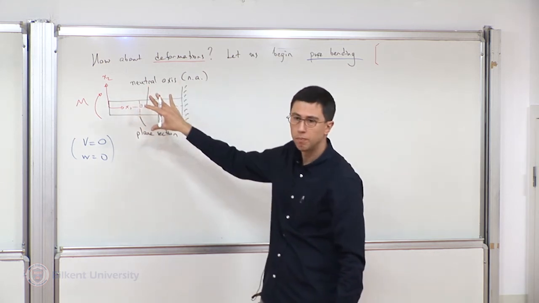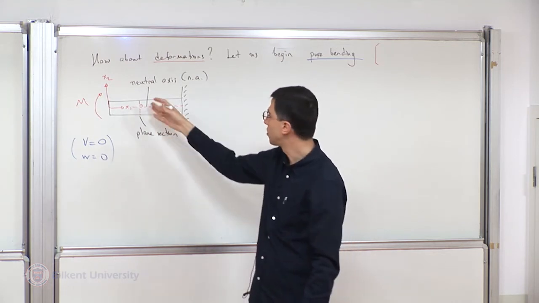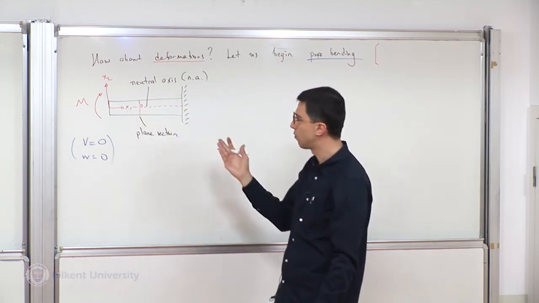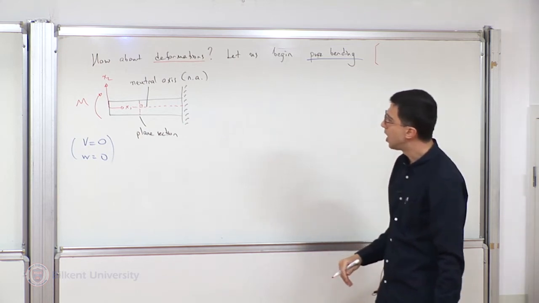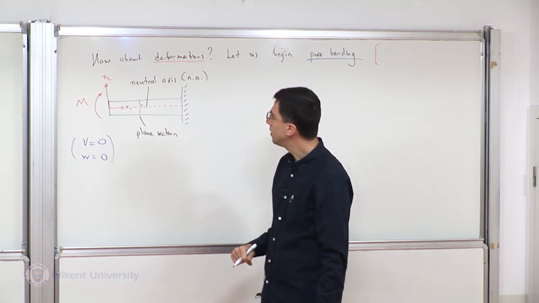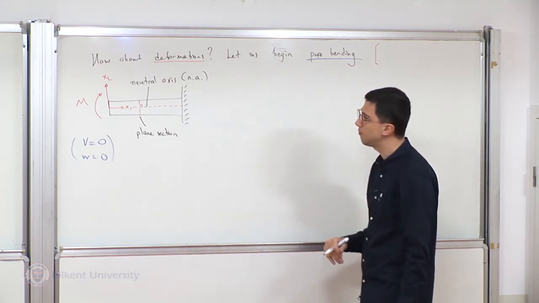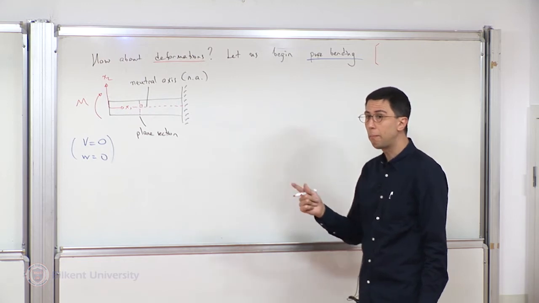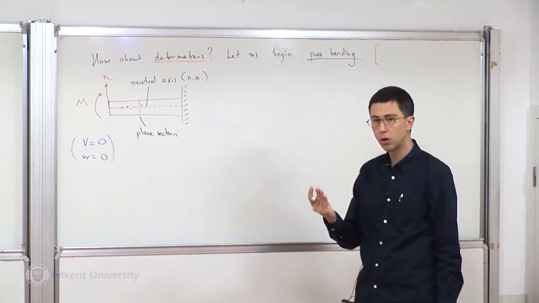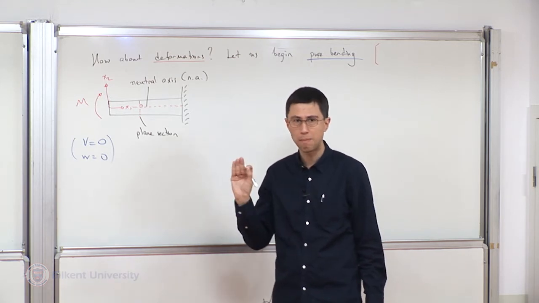Take this example. Go through the same procedure and obtain the stresses. You will see that they are the same. Of course, there is no internal shear force, and therefore there is no shear stress. But you can eventually calculate the displacements as well, and it will just take you a few pages, 2-3 pages. When you compare your results with your ME 231 reference book, you will see that they match exactly.